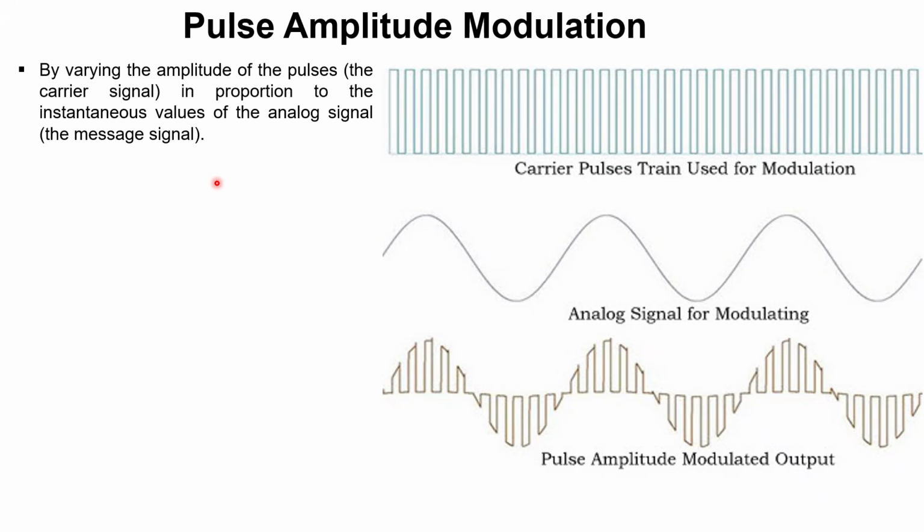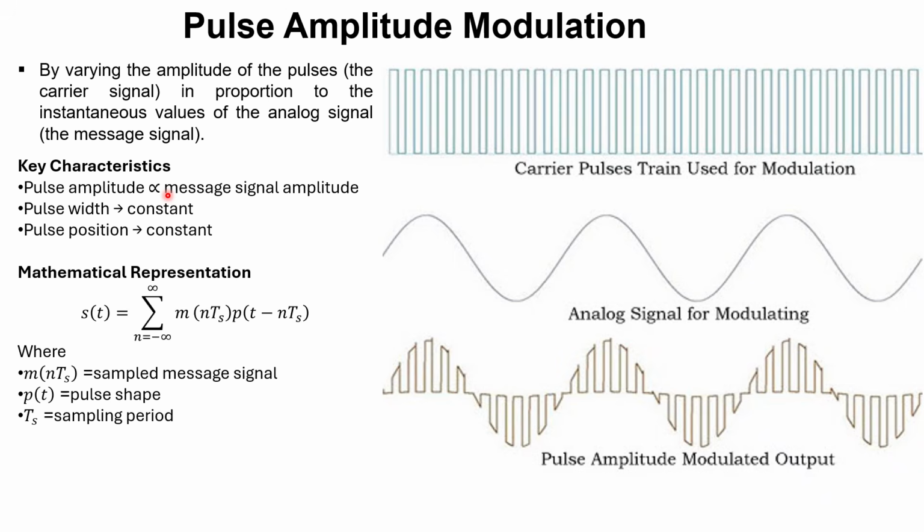So we vary the amplitude of the pulse in proportion to the instantaneous values of the analog signal, right? Mathematically you can write s(t), the sampled signal, equal to summation of n from minus infinity to infinity of m(nTs) p(t minus nTs).